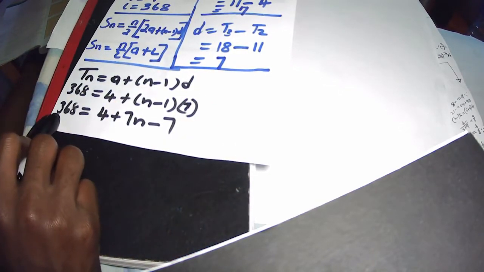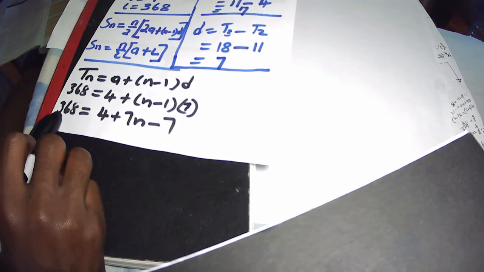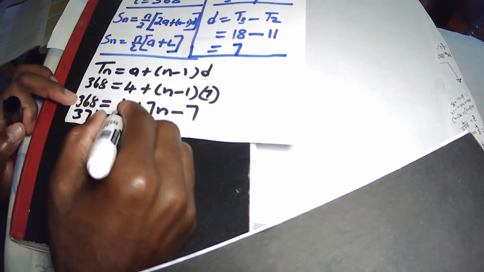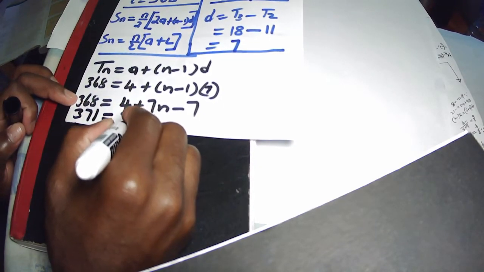When we transpose the minus 3, we add it to 368, and it's going to be 371. So on the left hand side we have 371 is equal to 7n.